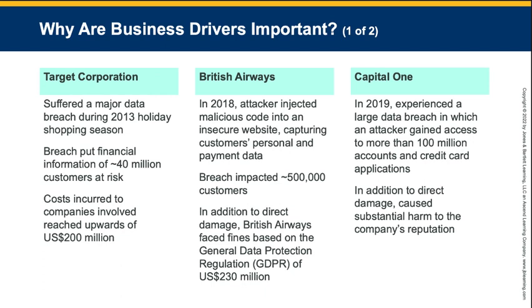And also Capital One, a credit card company, where the attacker managed to access about 100 million accounts and applications, and also damaged the company's reputation. These are some of the impacts that a lot of companies face, especially for their customers. When customer data has been compromised or breached, hackers could use that data or information to do harm and also sell it.